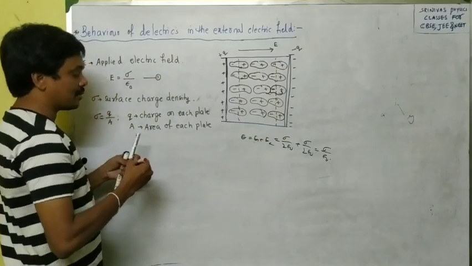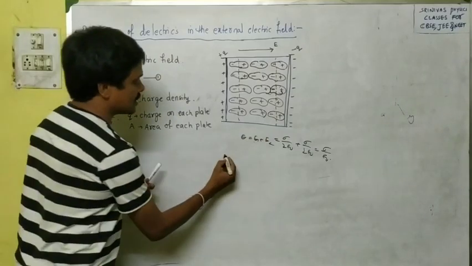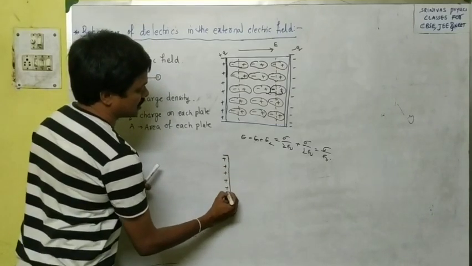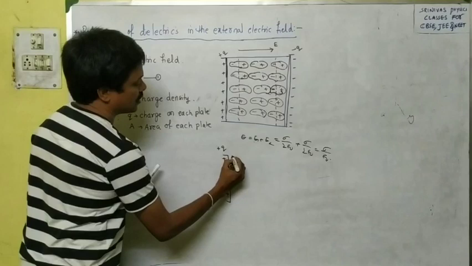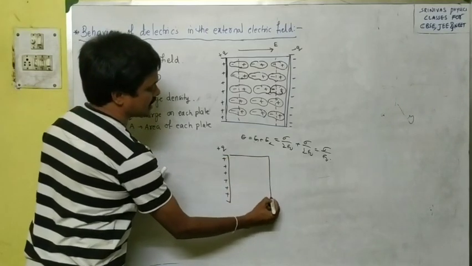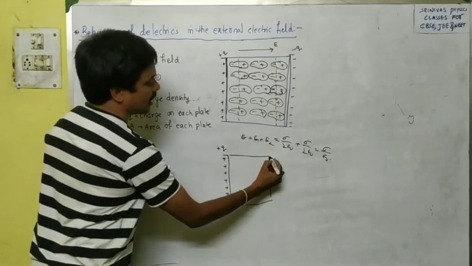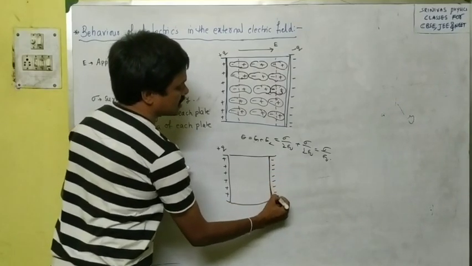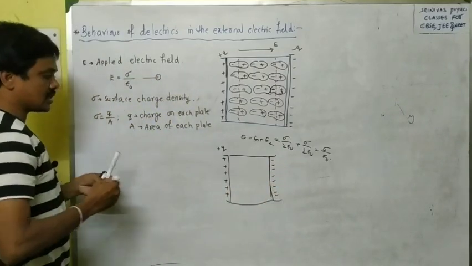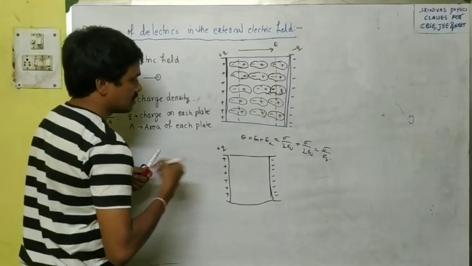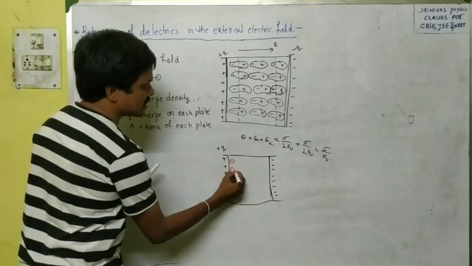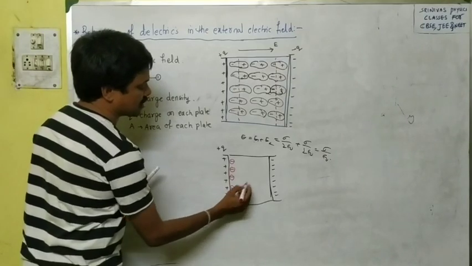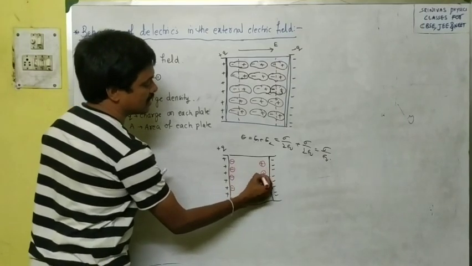The equivalent diagram can also be drawn like this: the positively charged plate with charge plus Q, the dielectric, and the negatively charged plate. In this case, some negative charges are induced on this side and some positive charges on that side.